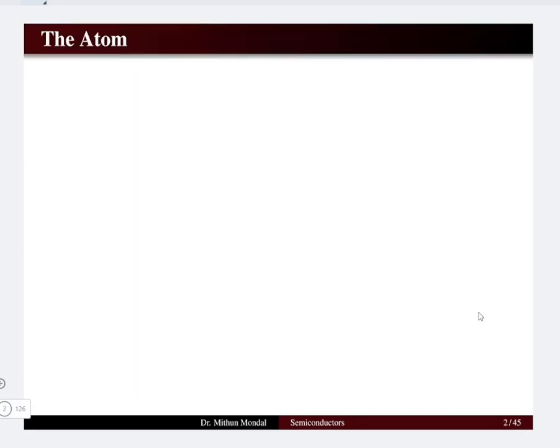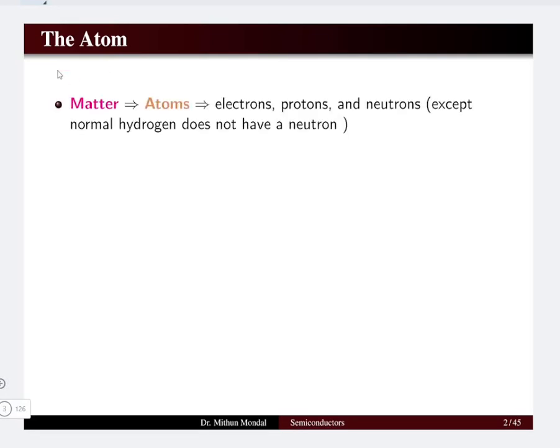Before we begin discussing semiconductors in detail, first we will see a little bit of background of the atom, in very brief. Any matter is made up of atoms.